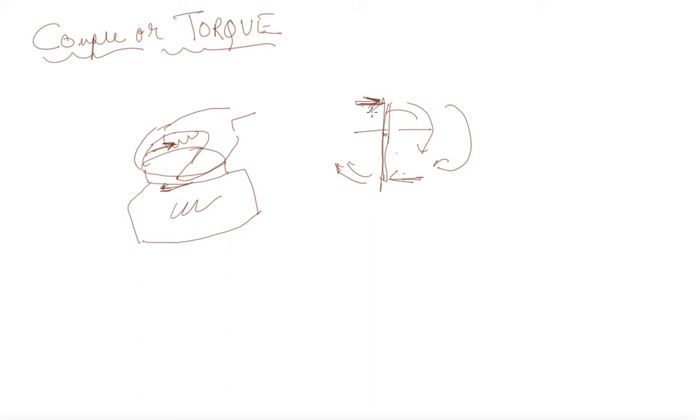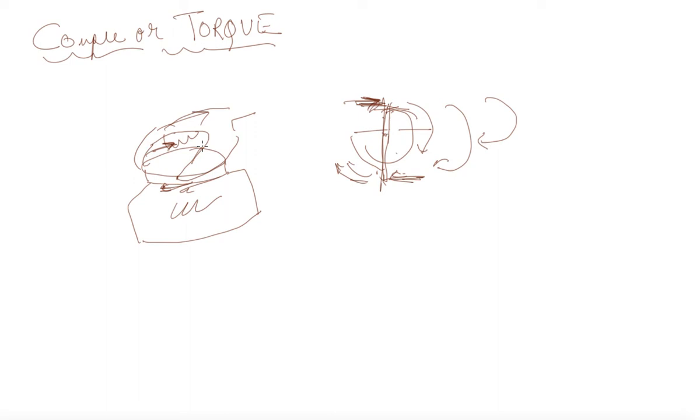Since the forces are not balanced, this part will push in this way, this part will push in this way, so it will try to swing or to take a circle. So now you can see that you are helping in the swinging or circling of the rod, and similarly you're helping in the motion of opening the bottle.